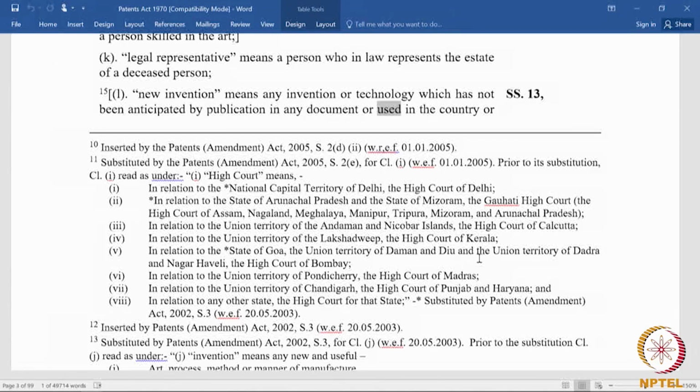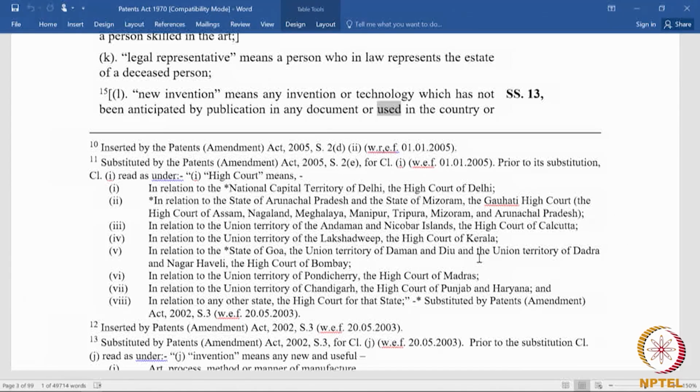Now, examination and cross examination are legal procedures involved when a person deposes as a witness. So, use which is not documented, though it is relevant for understanding anticipation, is more difficult or harder to prove than the other aspect of anticipation, which can be proved by publication of any document.